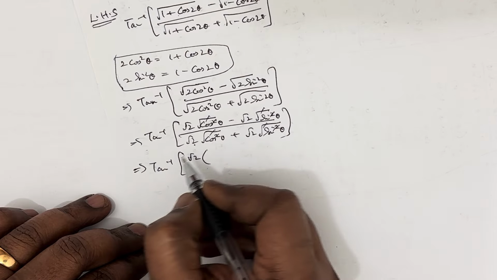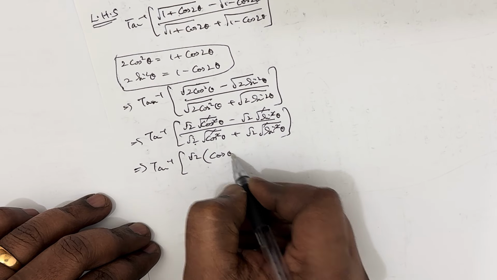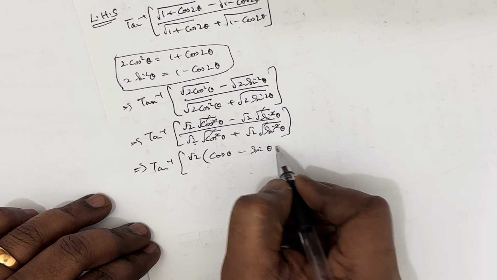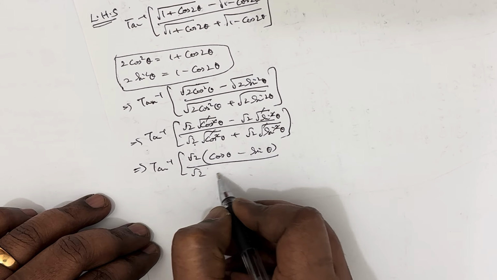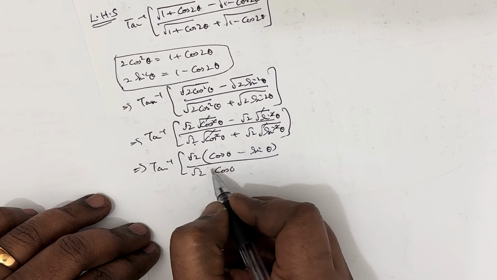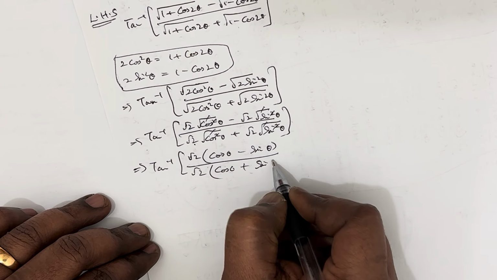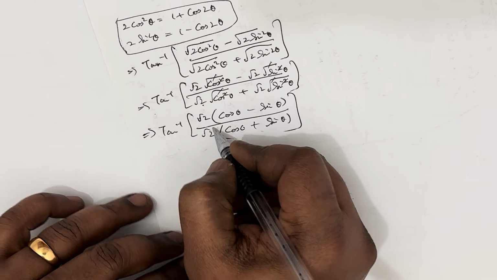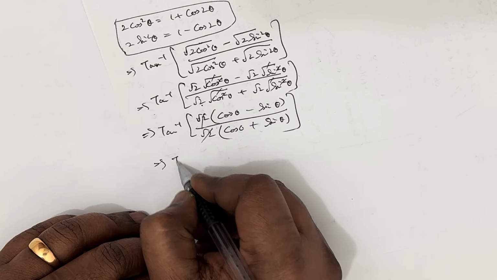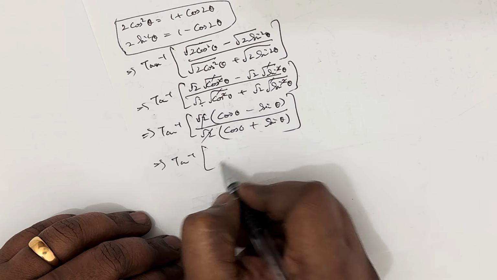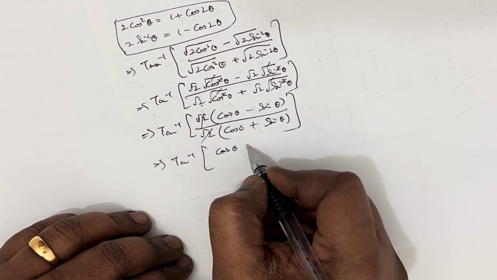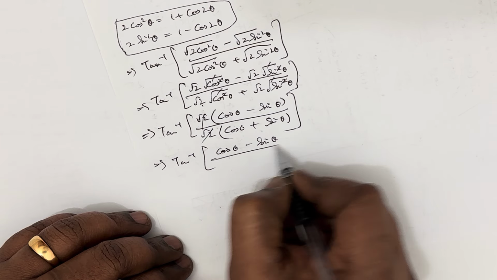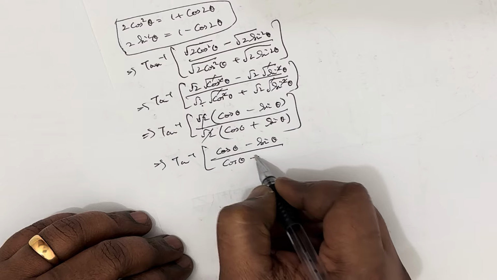We take √2 common, so the remaining is cos θ minus sin θ, divided by √2 times cos θ plus sin θ. Now the √2 gets cancelled. You have tan inverse of (cos θ − sin θ) divided by (cos θ + sin θ).